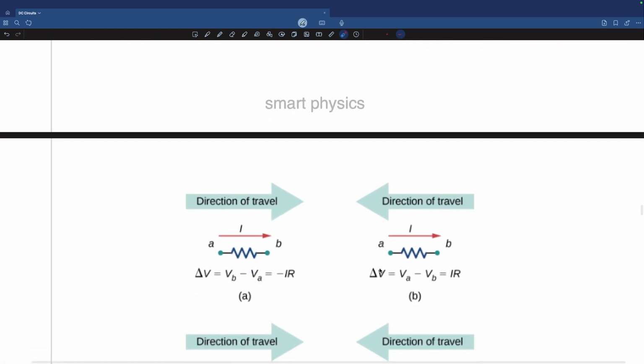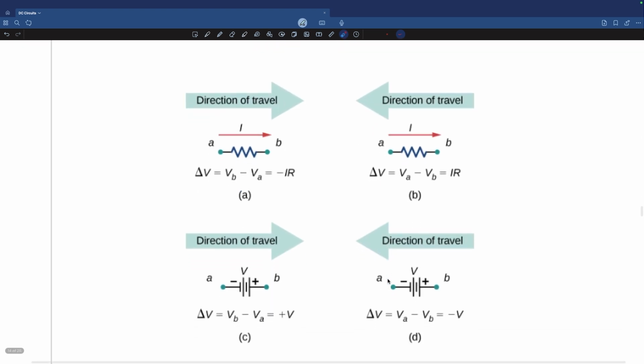So this is exactly what I explained here. If the direction of travel is in the direction of the current, then you put negative I times R. But if you're moving opposite to the current, then you put positive IR. So that's shown here.